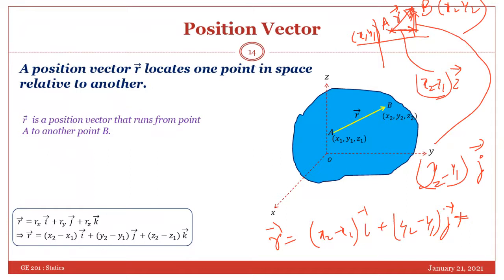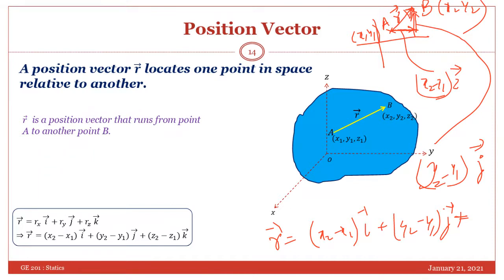So A will be represented by x1, y1, z1, and B will be x2, y2, z2. In that case, the x component will be (x2 minus x1)i, y component will be (y2 minus y1)j, and z component will be (z2 minus z1)k. So that will also be added here if the problem is of three dimensions, in open space.